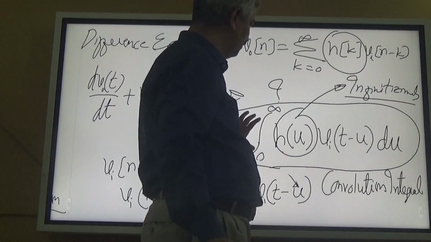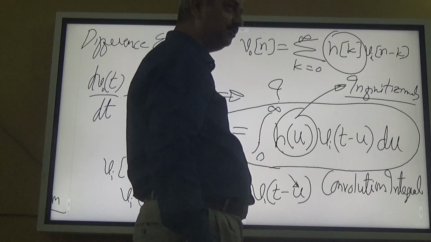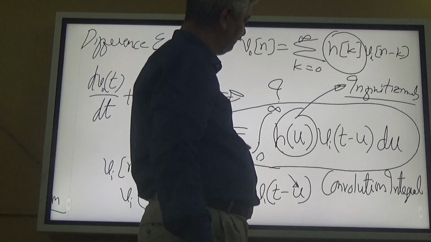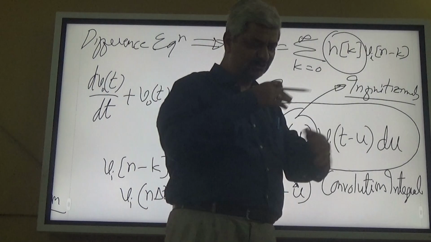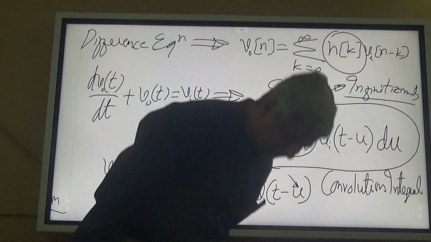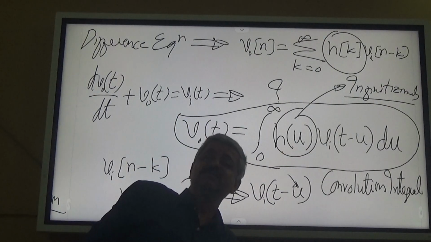This is the convolution integral. Means the current output is because of some kind of, this is summation, this is integration. What is convolution?